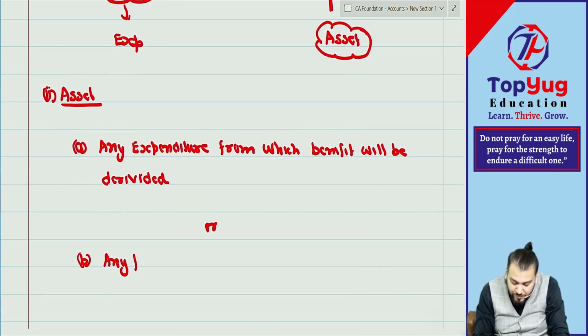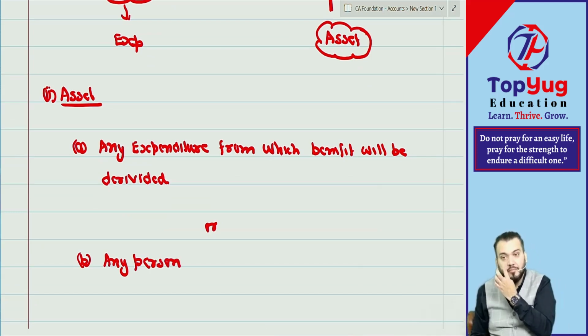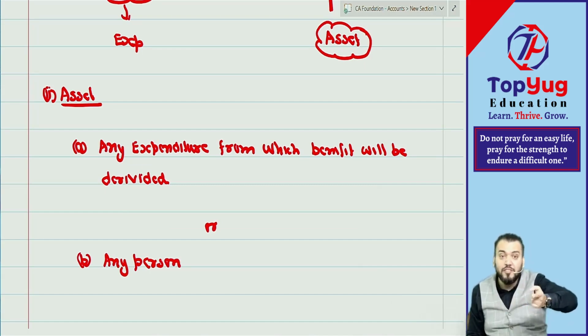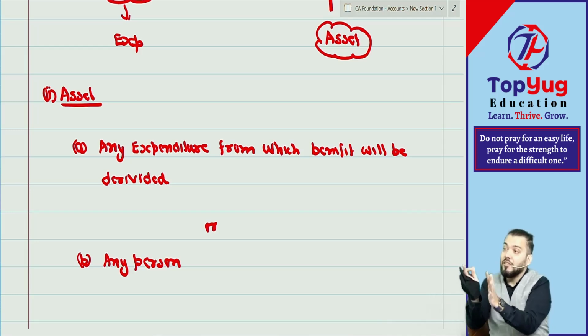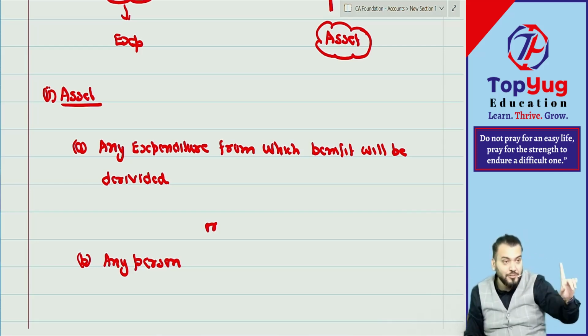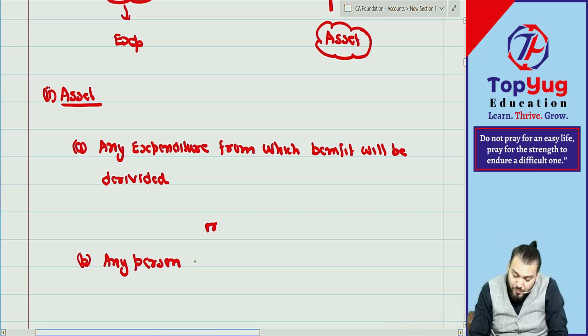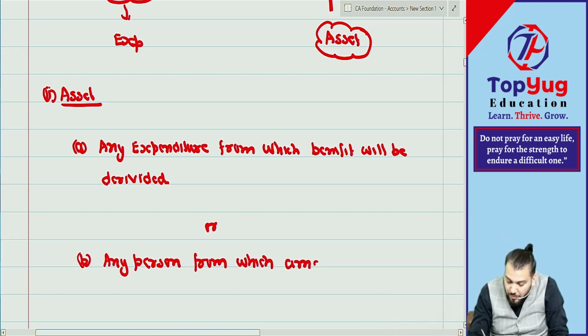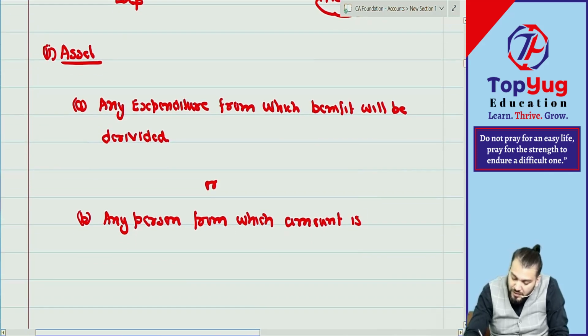Any person from which amount is receivable. This person can be an artificial person, natural person, or representative person. So when I am saying person in accounting, it can be Ram, or Ram and company, or it can be a capital account also.